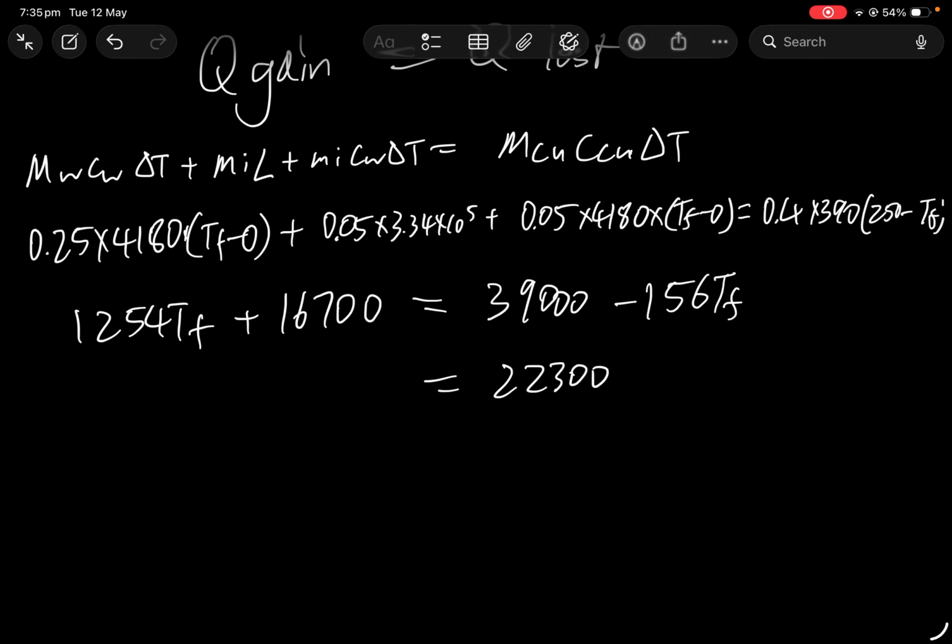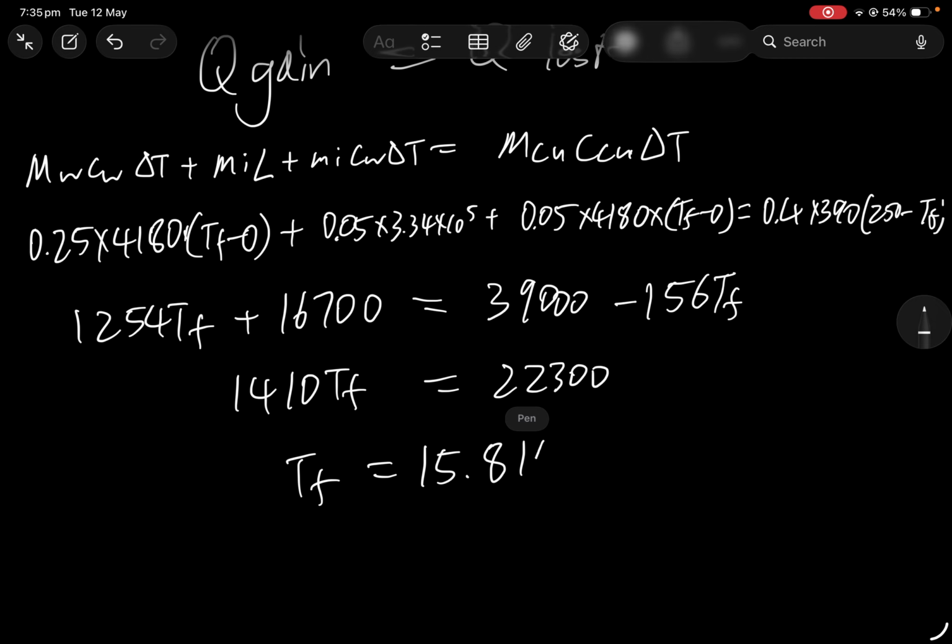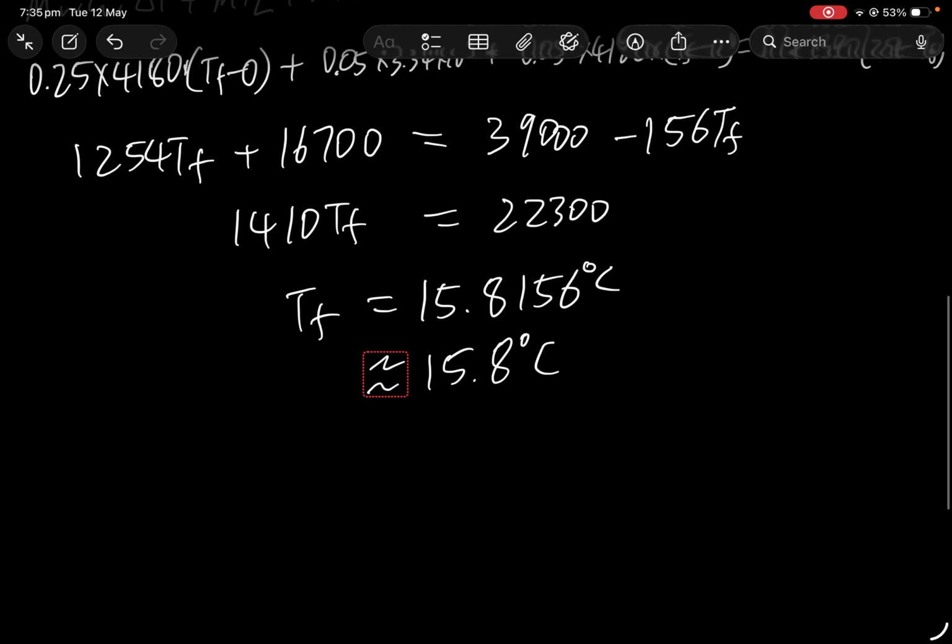So it's 1254 plus 156, 1410 T final, and T final will equal 22300 divided by 1410, which gives 15.8156 degrees Celsius, which equals 15.8 degrees Celsius, because in physics we always round to 3 significant figures.